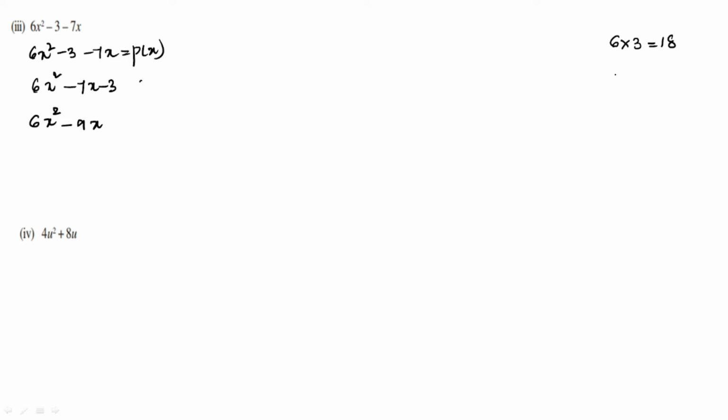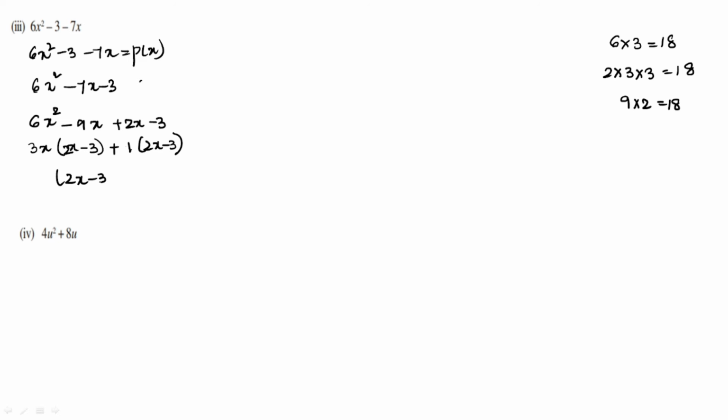This can be expressed in factors as 2 multiplied by 3 and 3, and you wanted the difference as 7. So the factors we take are 9 and 2: minus 9x plus 2x minus 3. From this 3x can be picked up as common. Then 2x minus 3 is the common factor and the other factor is 3x plus 1. So the roots are 3 upon 2 and minus 1 upon 3.